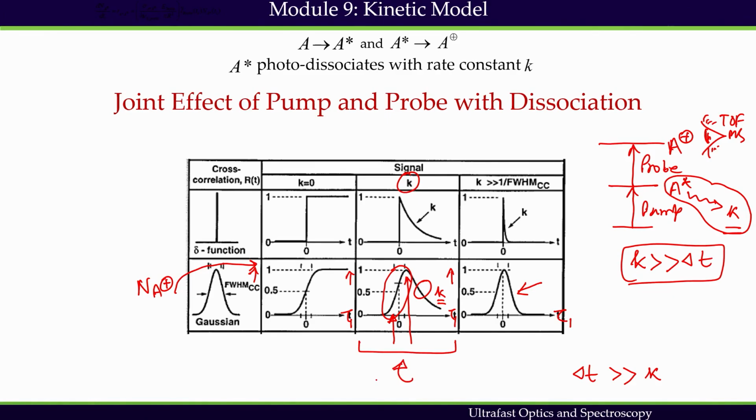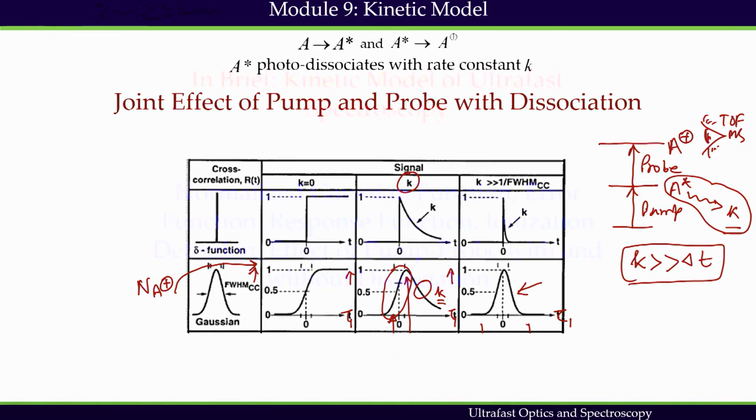If the process itself is very fast, then we will not be able to measure the process, we will be measuring the pulse duration, and this looks like an autocorrelation signal.